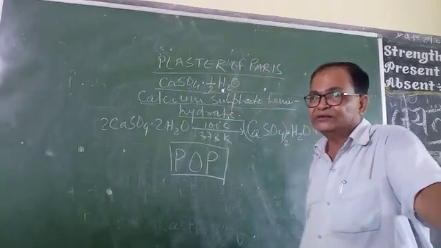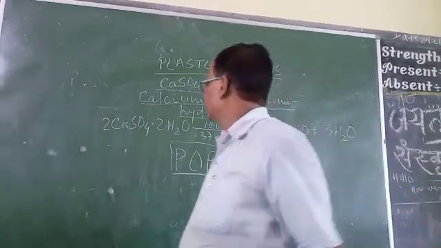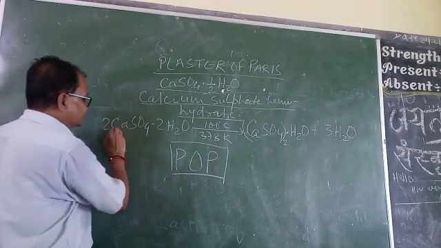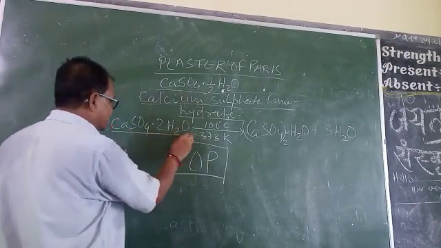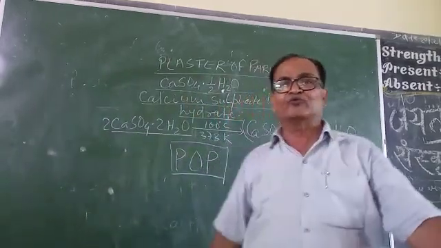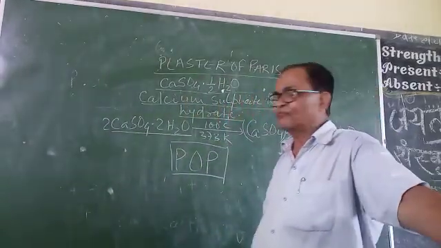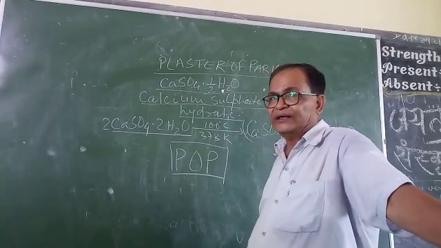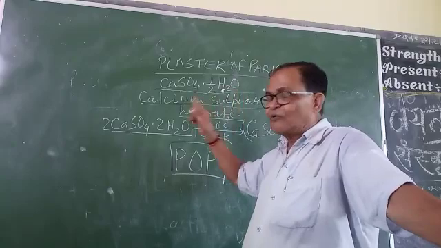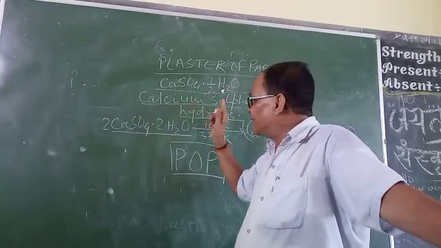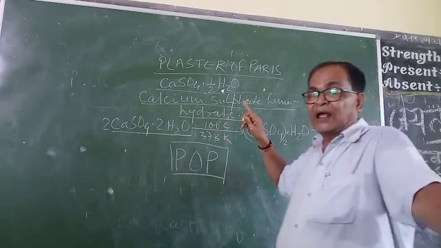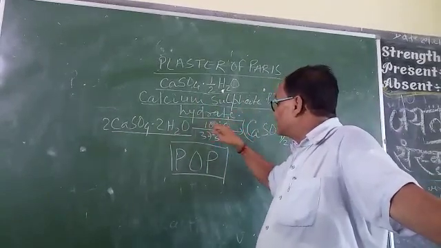made by heating gypsum. This gypsum is calcium sulfate dihydrate. Gypsum is a hydrated salt containing two molecules of water of crystallization, CaSO4 2H2O. First of all, it is made by heating gypsum at 100 degrees Celsius.